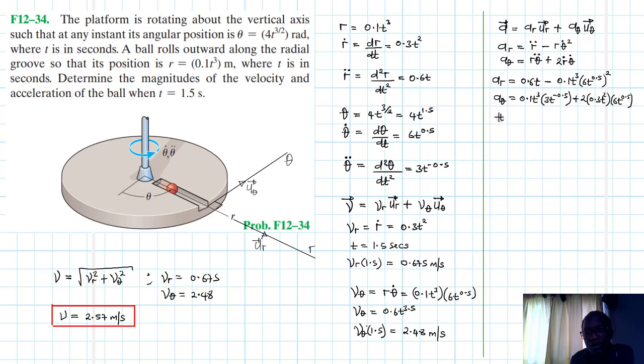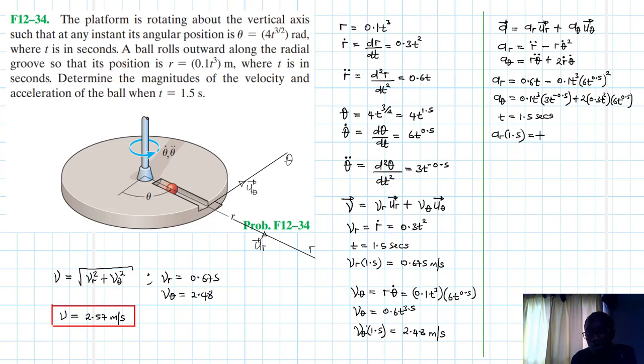Therefore, at t equal to 1.5 seconds, AR at 1.5 seconds is equal to 0.6 by 1.5 minus 0.1 by 1.5 to the power 3 times 6 times 1.5 to the power 0.5 and everything squared.